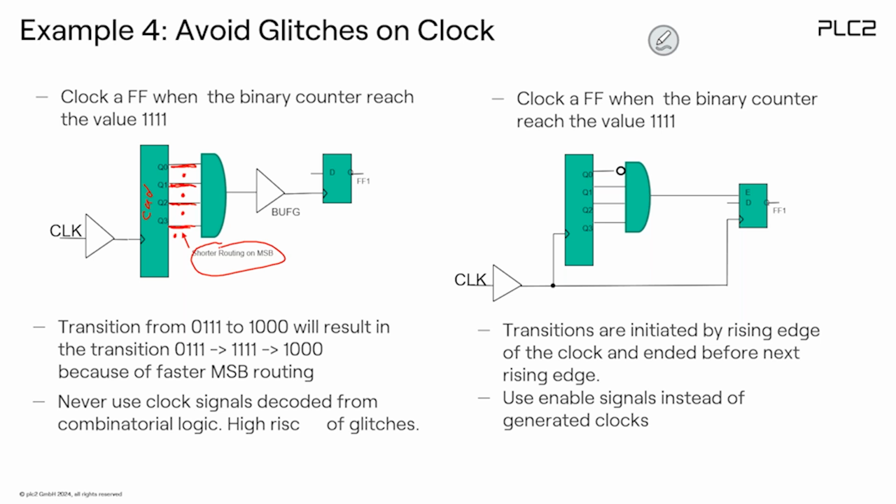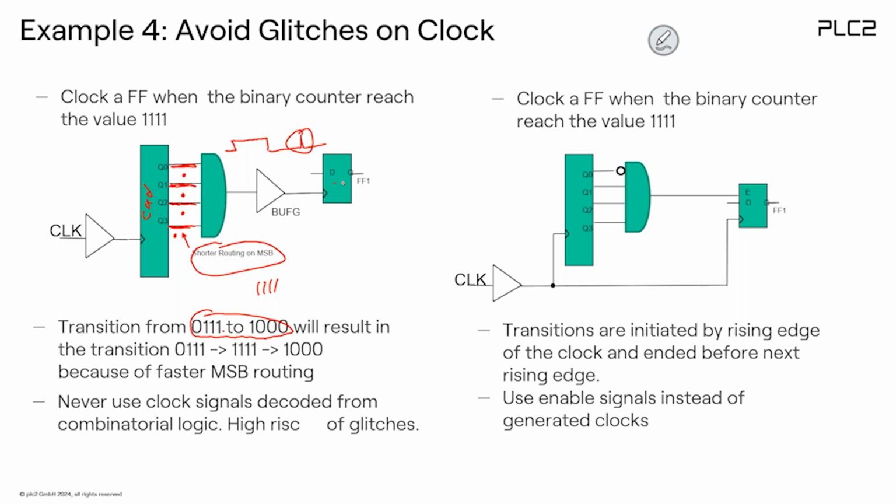It's possible. If the counter, for example, counts from 7 to 8, because of the shorter delay here, the upper value is already there, but the lower values are still there. Then we will see for a very short time the value 111, and this gives you not the real pulse, but a spike, and this spike will actually trigger the flip-flop.